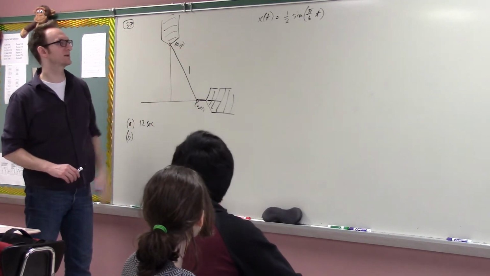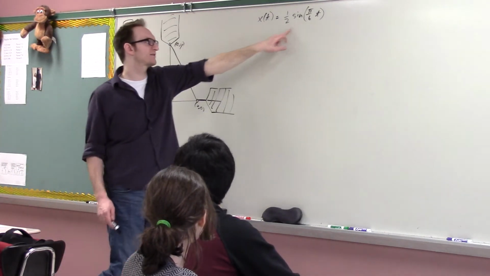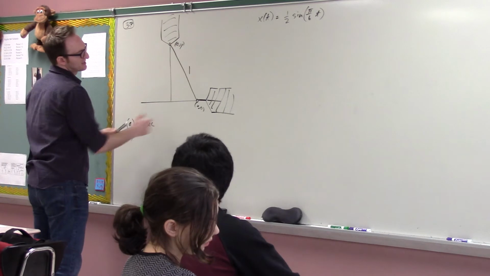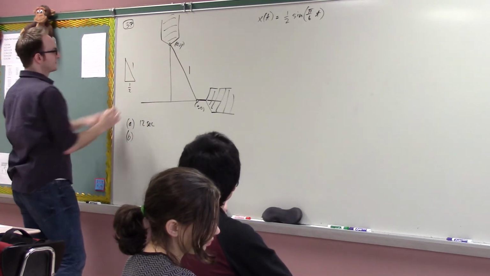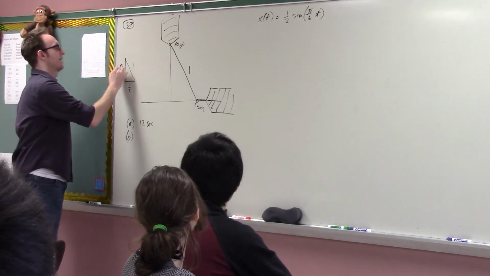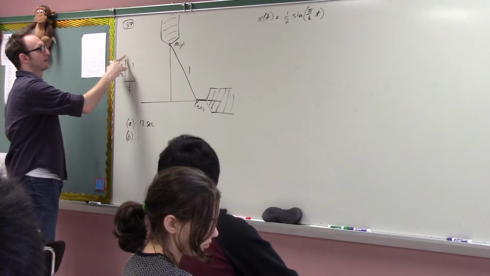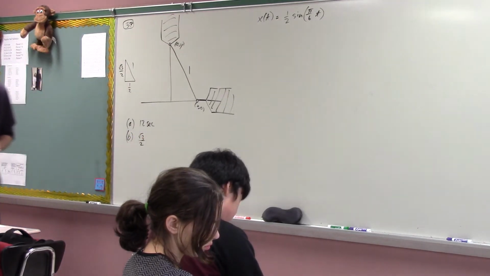And what is the biggest value of x? 1/2. So if the biggest value of x is 1/2, I can make a little side picture. If this is 1/2, then this is just going to be root 3 over 2 by 30-60-90 triangle ratios. So y will be root 3 over 2. Okay, that was kind of just the warm-up.